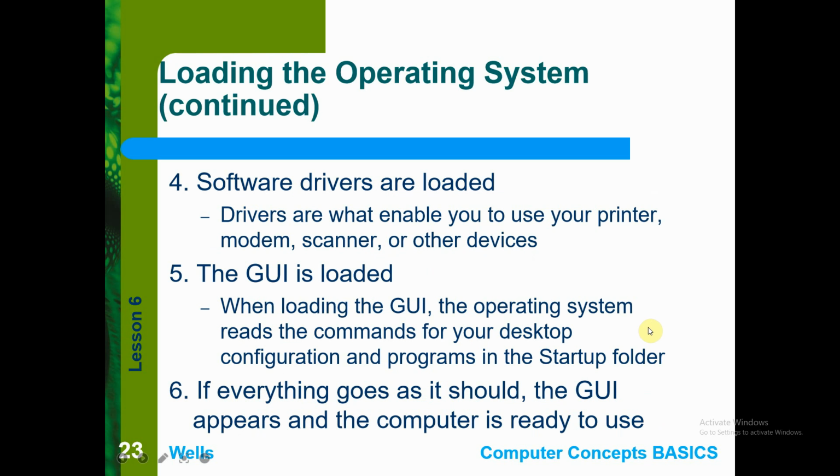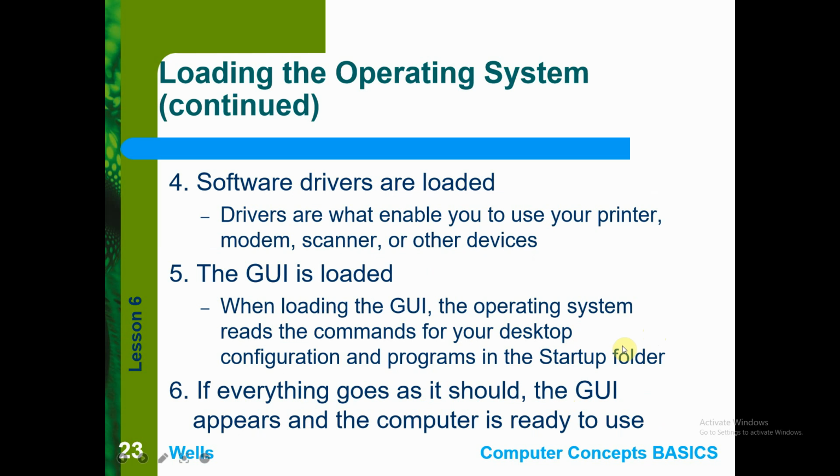Now, the software drivers are loaded, wherein the drivers are what enable you to use your printer, modem, scanner, and other devices. A device will not function on its own without a driver. Then the GUI is loaded. When loading the GUI, or graphical user interface, the operating system reads the commands for your desktop configuration and programs in the startup folder.